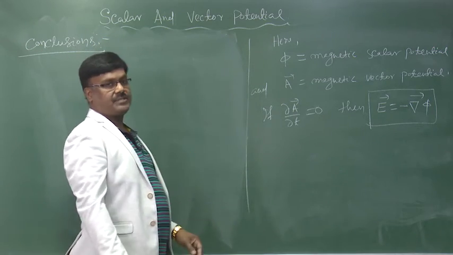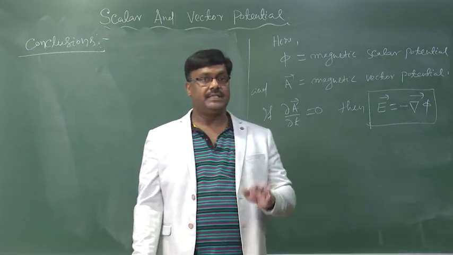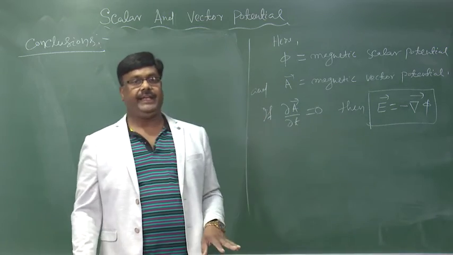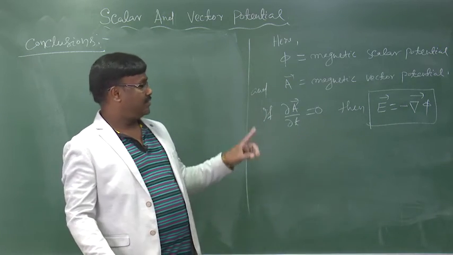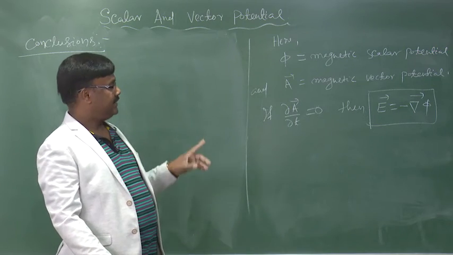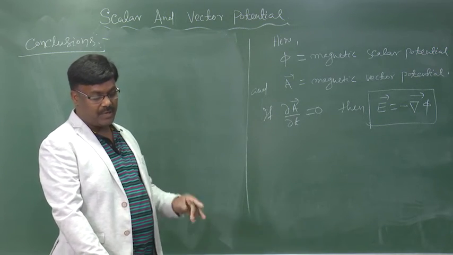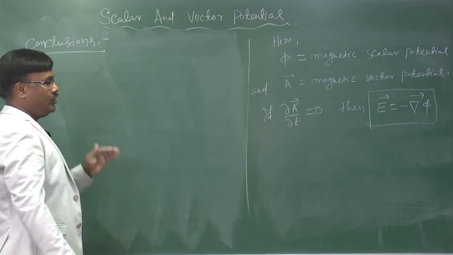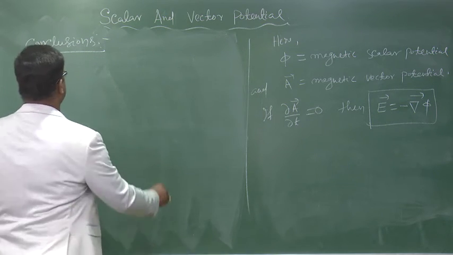From this concept, we can conclude the following. Number 1, since phi and A both represent the basis of electrodynamics, they are commonly known as the electrodynamic potentials.